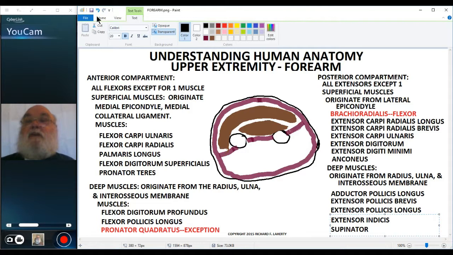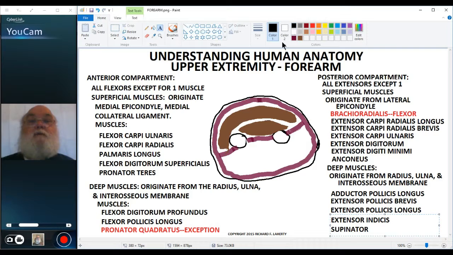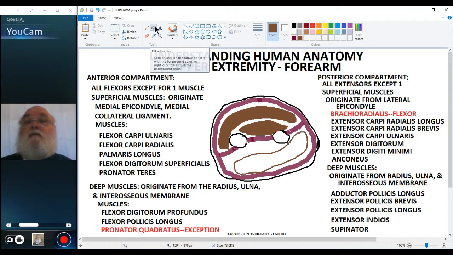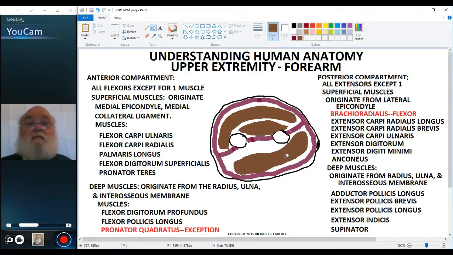Now let me sketch in the deep muscles in our diagram to complete that. So let's get the superficial muscles drawn in, and fill that.